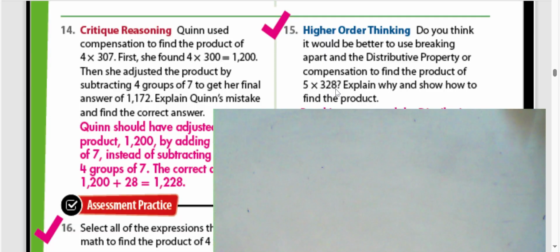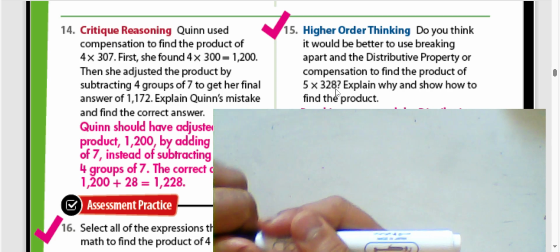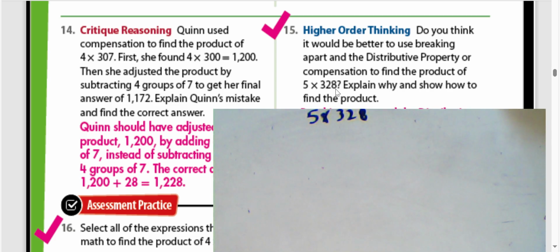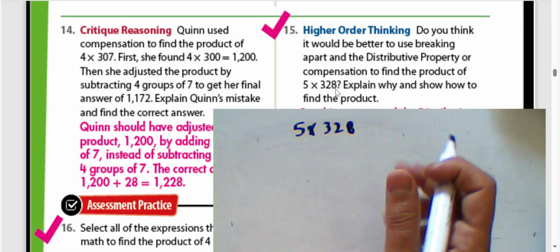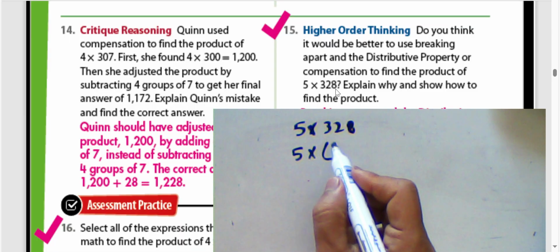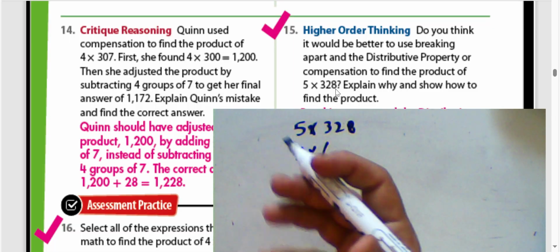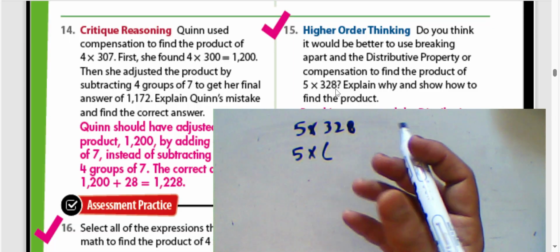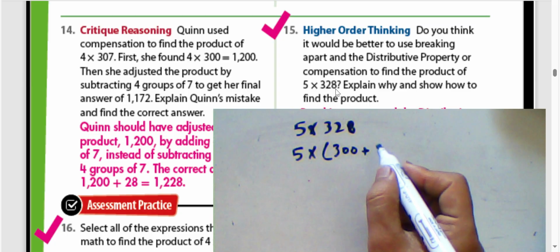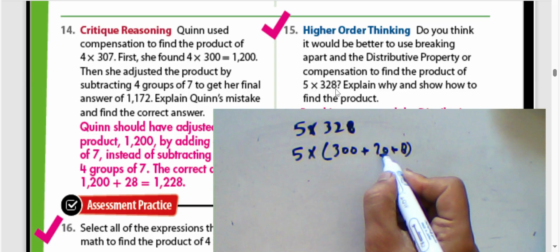I can use this method or this method, but if we use the second method, compensation, it will be difficult, with more steps. But if you write 328 as 300 plus 20 plus 8 using the distributive property, you can find the result in one step.